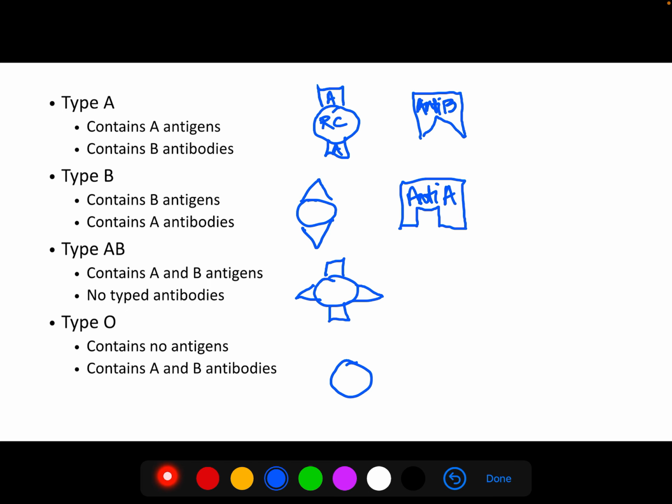And your white blood cells are going to produce antibodies for type B antigens and antibodies for type A antigens. But you can remember that there's only A and B antigens and antibodies. Whatever antigens you have match your blood type, and then you always produce the opposite antibodies because those are things that should not be in your system.